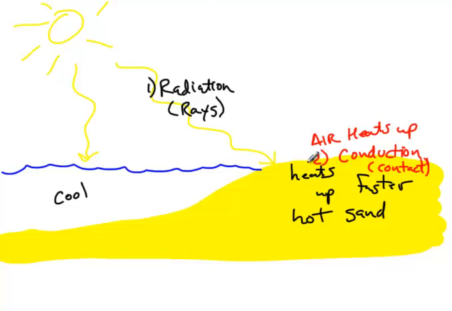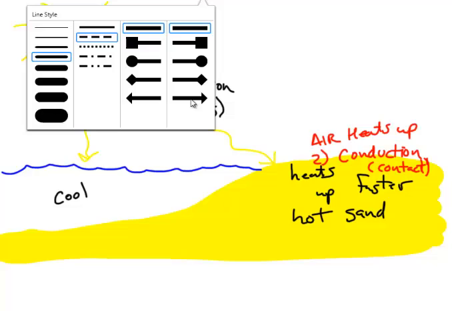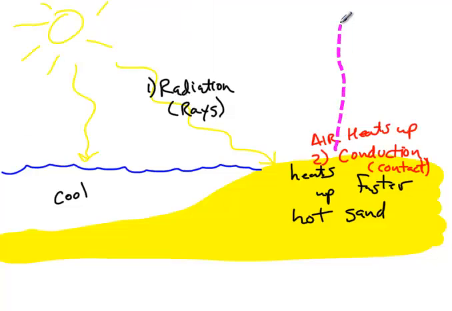Okay, so once the air that is above the sand is heated up, it starts to rise because things that get hot expand, which makes their density lower, and they begin to rise. Well, this air can't rise forever. Eventually it cools down. And over the water, you have cooler air. The exact opposite is happening. So the air begins to drop.